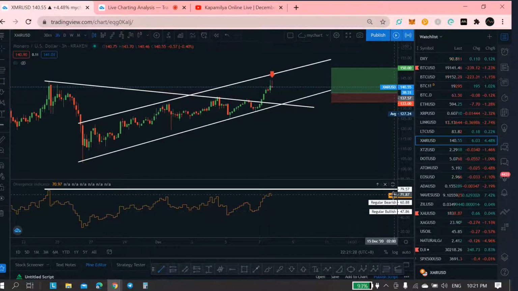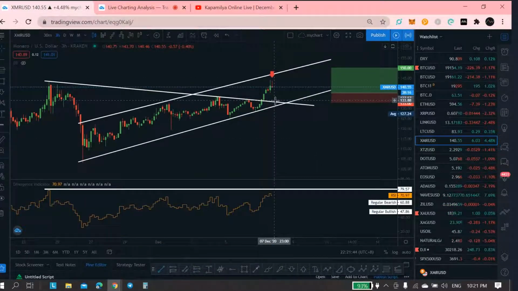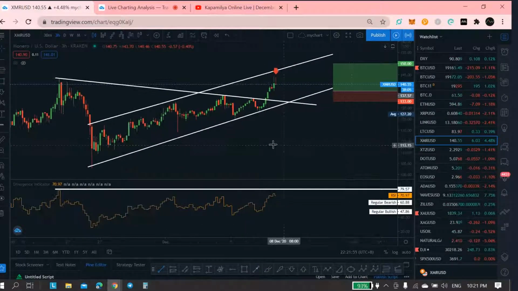Aside from that, it's already above this regular bearish area of 60.88, so it could possibly retest this area, the previous resistance that will become the support area. It depends where the candle will retest this, but I'm looking at around 134 if there is strong selling pressure. So I think I also need to close my open long position here.